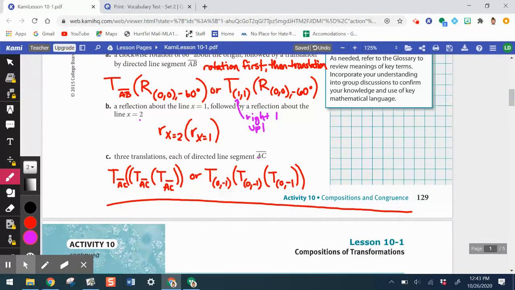So another way to represent directed line segment AC is to use this notation, where this means we don't go left to right, we just simply go down 1 unit. So we can represent it two ways. I prefer this way because it actually gives us the direction in the notation instead of simply saying use directed line segment AC. So now that we're learning the notation a little bit, of course, go back and reference this as needed.